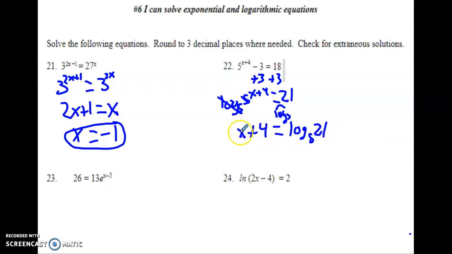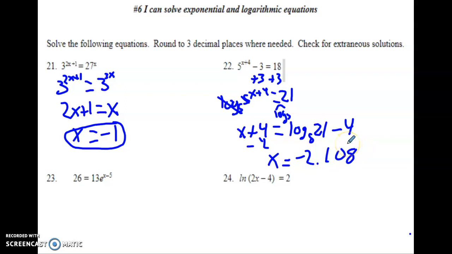Now, the only thing I need to do to get that x alone is subtract a 4 from both sides. And then I grab a calculator, and I just put this whole thing in my calculator. Log base 5 of 21 minus 4, and that comes up to negative 2.108.